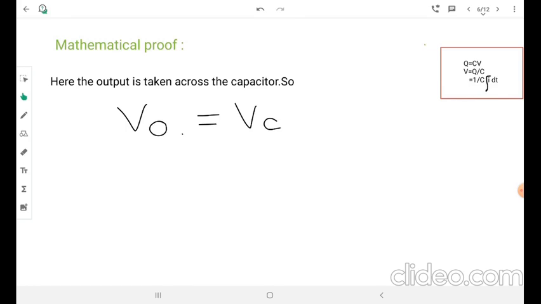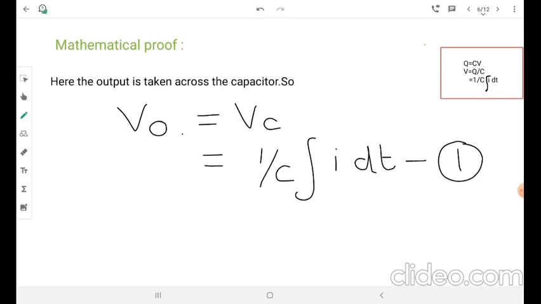So V out, that is VC, equal to the voltage drop across the capacitor, that is 1 by C integral I dt. This is our equation 1. Where I means the current through the capacitor, that is IC.